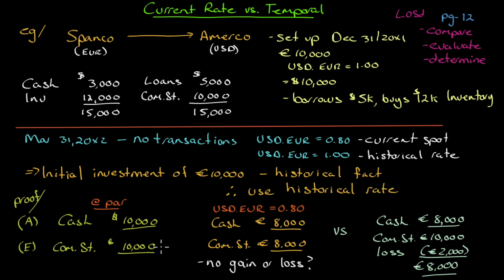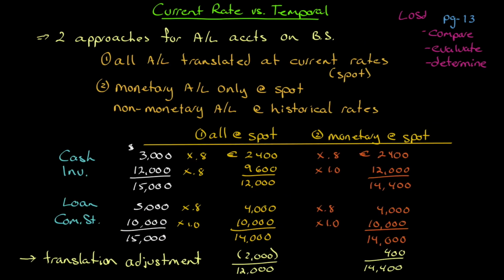I want to get that out of the way first, because really, when we translate balance sheets, we're looking at the assets, the liabilities, and only retained earnings. All right, so there are two approaches for the asset and liability accounts on the balance sheet. Number one, all assets and liabilities are translated at current rates, or what is called the spot rate.